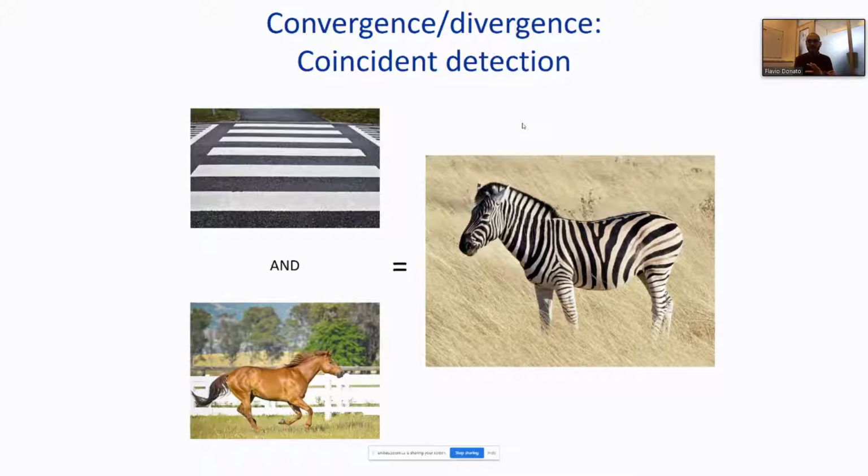Did I answer your question in a satisfactory way for now? It's going to be more thorough tomorrow. You're going to see how we create representations that are more and more detached from the specific sensory stimulus the higher we go in the cortical hierarchy, up to the point that in a specific area of the brain, you will create a representation for the concept of a zebra and not specific to the zebra itself.